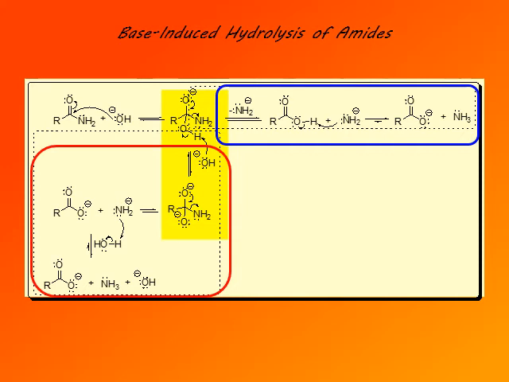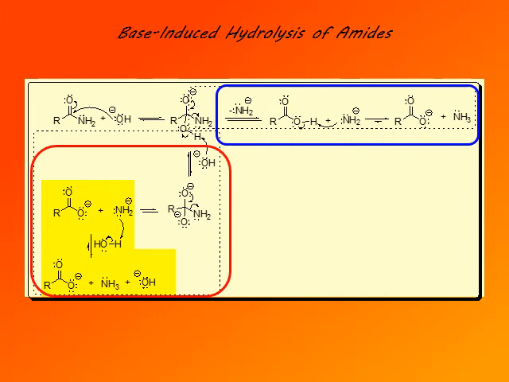Now this dianion is a dialkoxy anion and has only amide as the leaving group. So as the carbon-oxygen double bond is reformed, it is only amide that can leave, and then the product is carboxylate anion and amide anion, which picks up a proton from the solvent to give the final products.